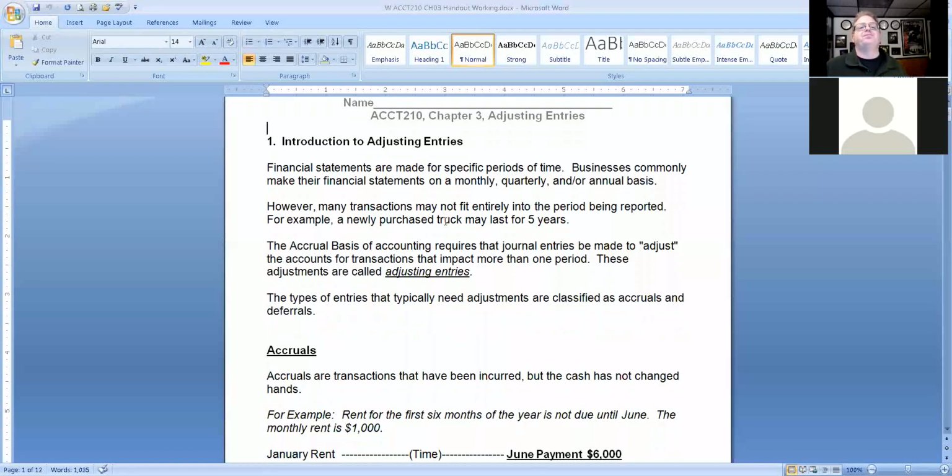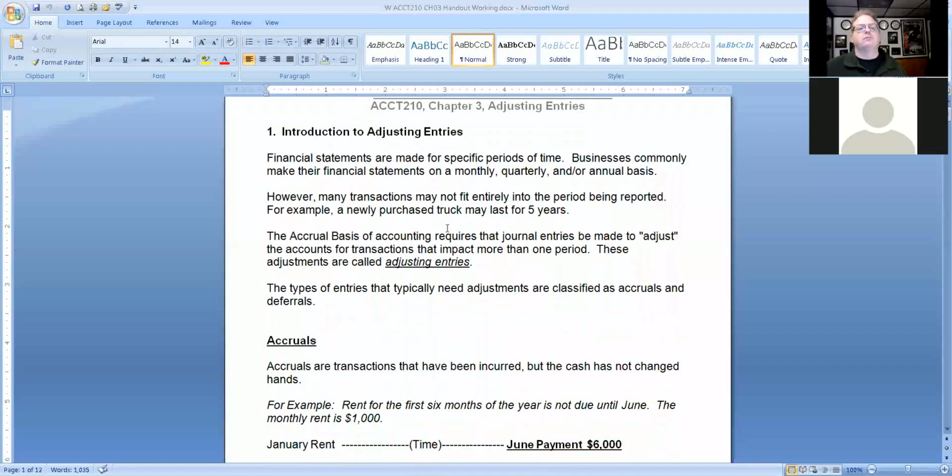Okay, let's go to the handout. Looks like this. Introduction for adjusting entries.